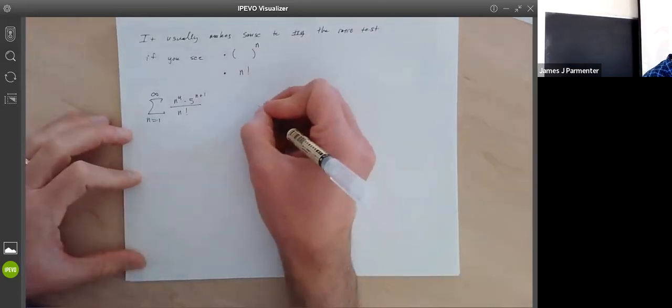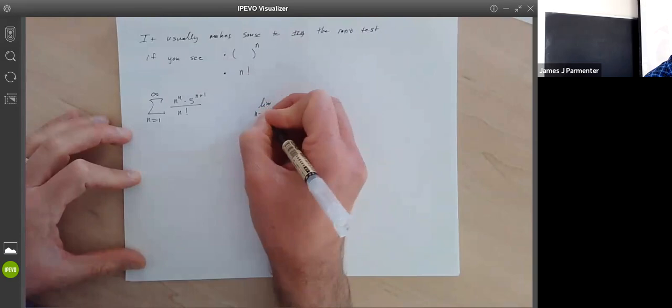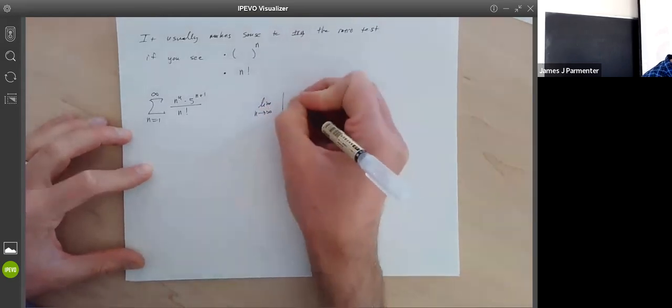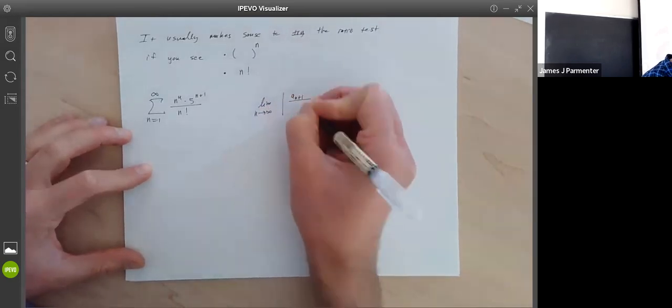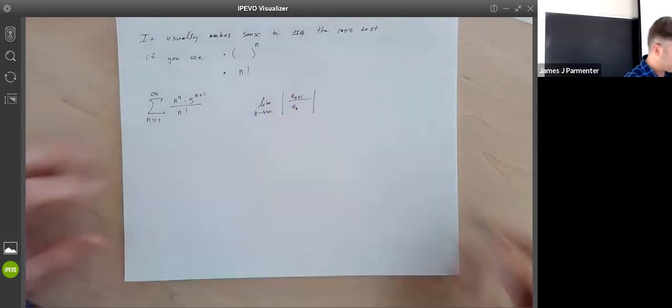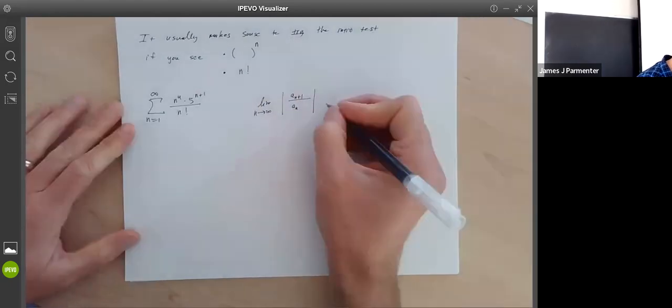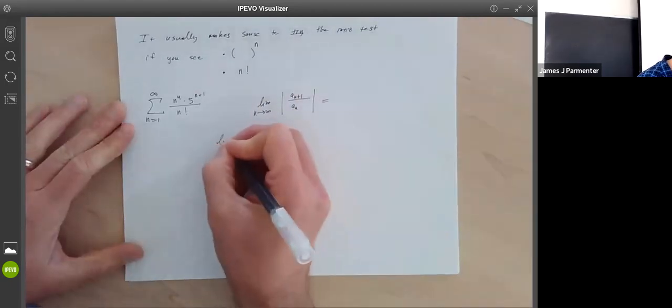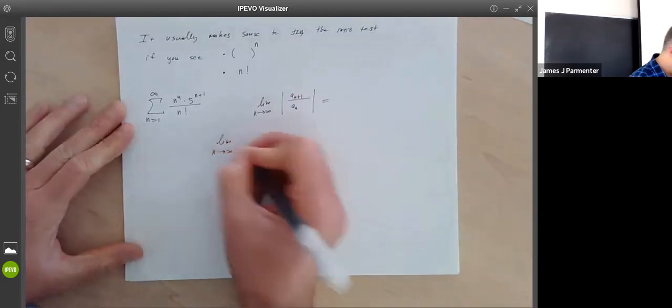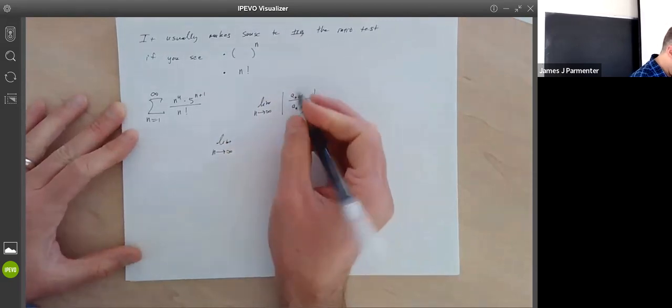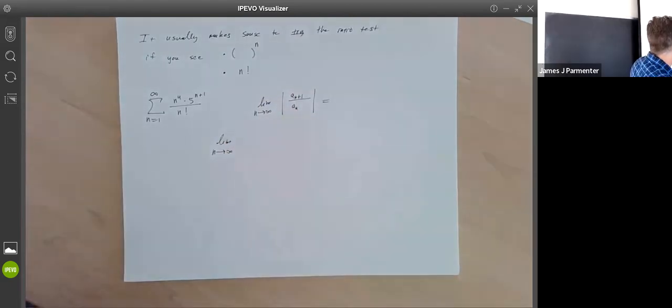So we're going to find the limit as n goes to infinity of the absolute value of the n plus 1 term over the n term. And again, here's where I would start. I would write this as the limit as n goes to infinity, the a sub n plus 1 term. So I'm going to plug in n plus 1 for every n.